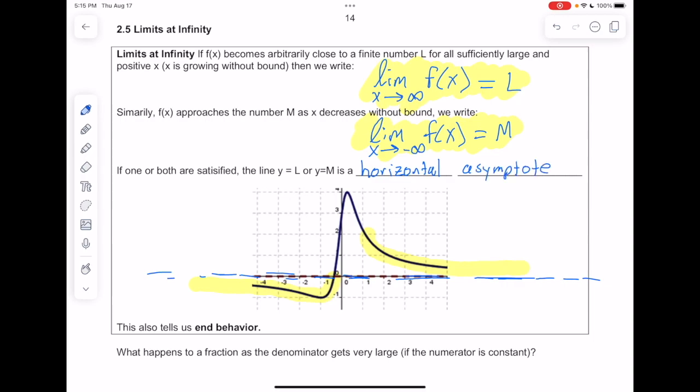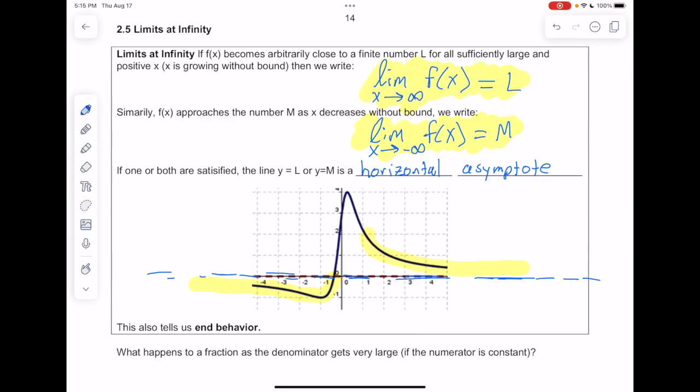And the most common situation is that you're approaching the same number on both the right and the left, but not all functions follow that. So typically when we have a horizontal asymptote, it's for the right and left side of the graph. But as we continue on and see different examples, we'll see some where that's not true.